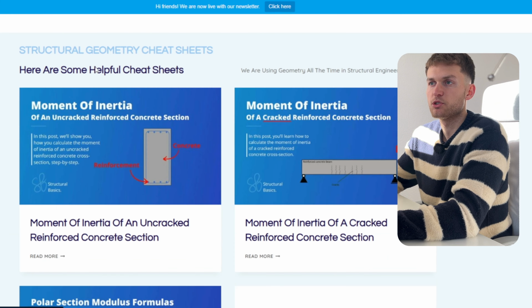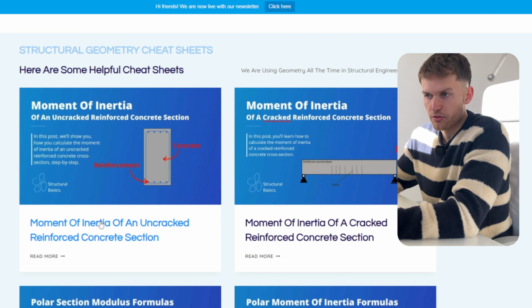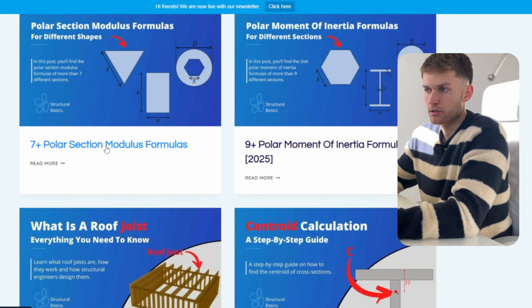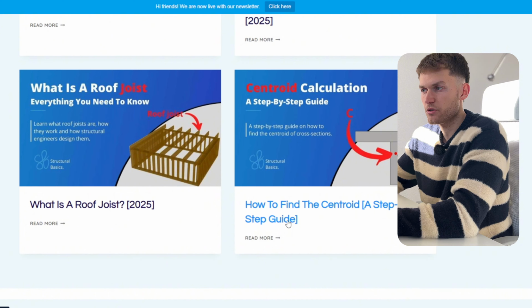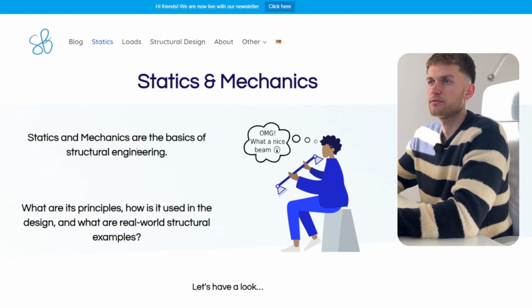And some geometry cheat sheets in this category of engineering mechanics and statics, like moment of inertia of an uncracked reinforced concrete section, polar section modulus, and how to find the centroid of a cross section.